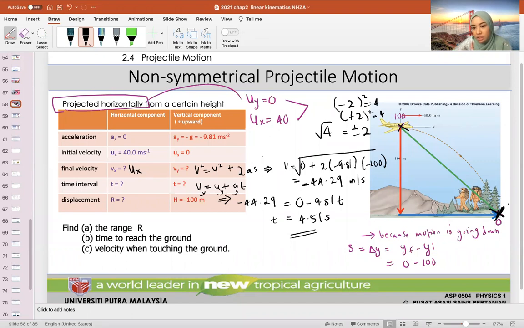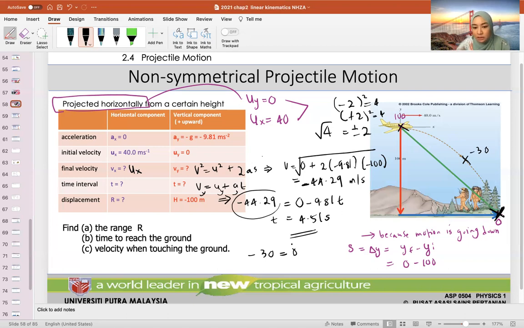How did I know that I reached the end? I used the V that I got at the end. This is how I know that I got the time at the end as well. Kalau saya pakai V kat sini, let's say the V over here is minus 30, and I try to solve V equals U plus AT, so this is 0.